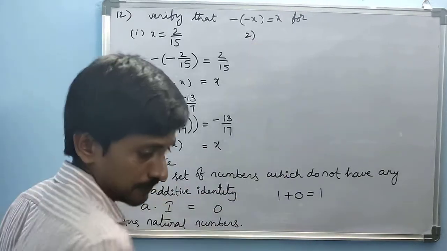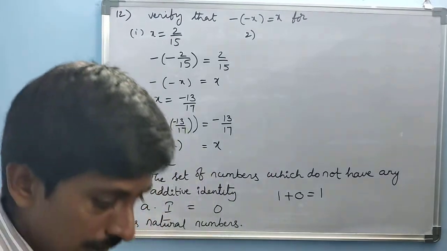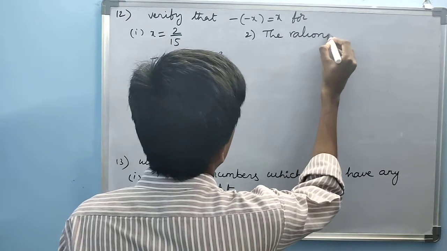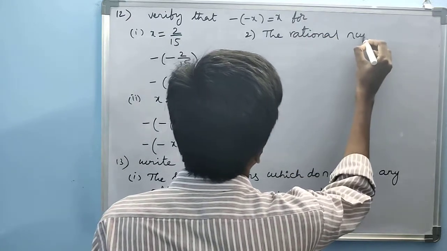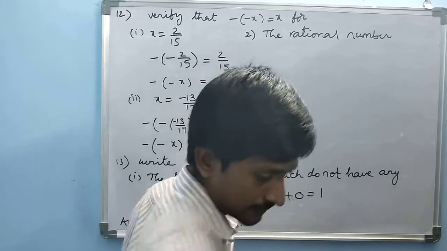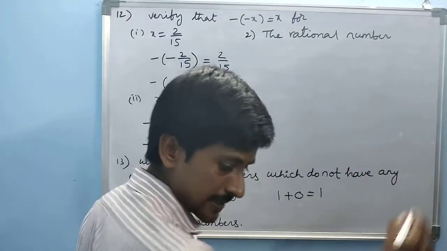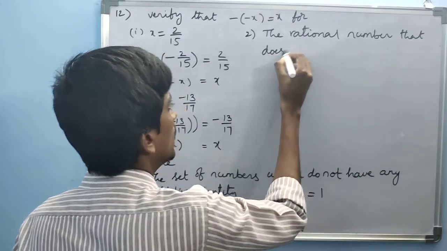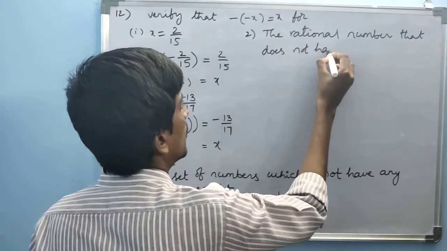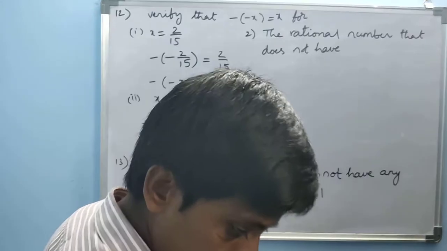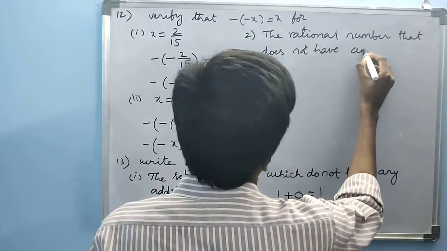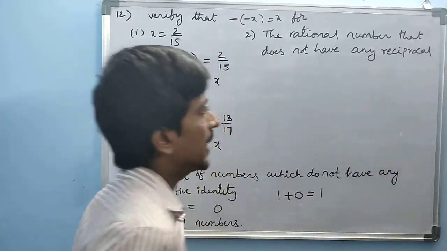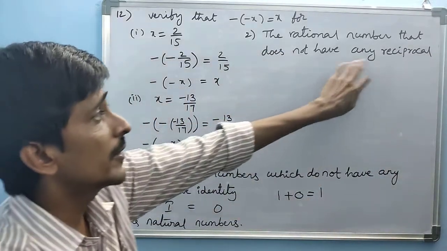And the second one is the rational number that does not have any reciprocal. Which number does not have any reciprocal?